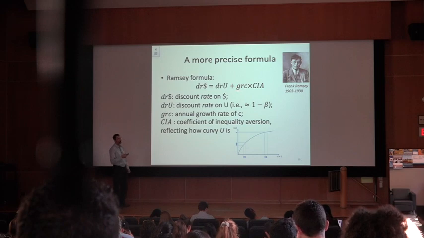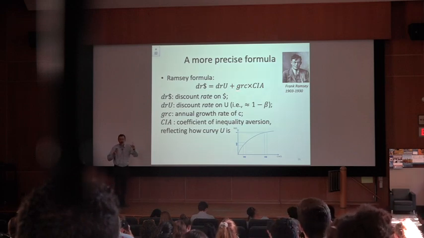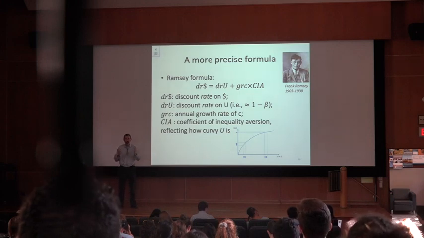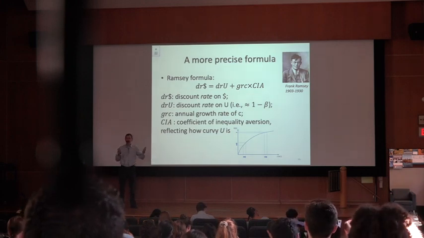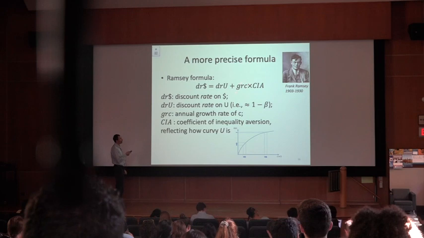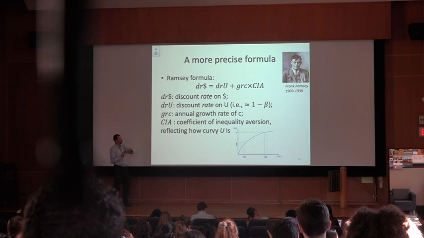Then there is an additional thing that corresponds to how much richer the future is, but here we have two things that combine together. How much richer is the future? That's the first question, and that depends on the growth rate of consumption. GRC here is the growth rate of consumption between now and then, in terms of annual average rate.